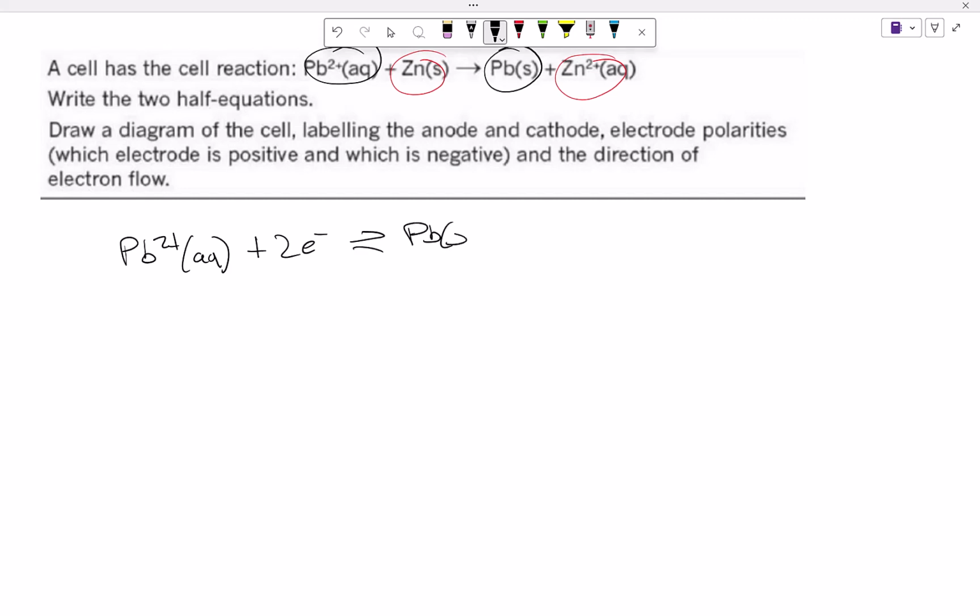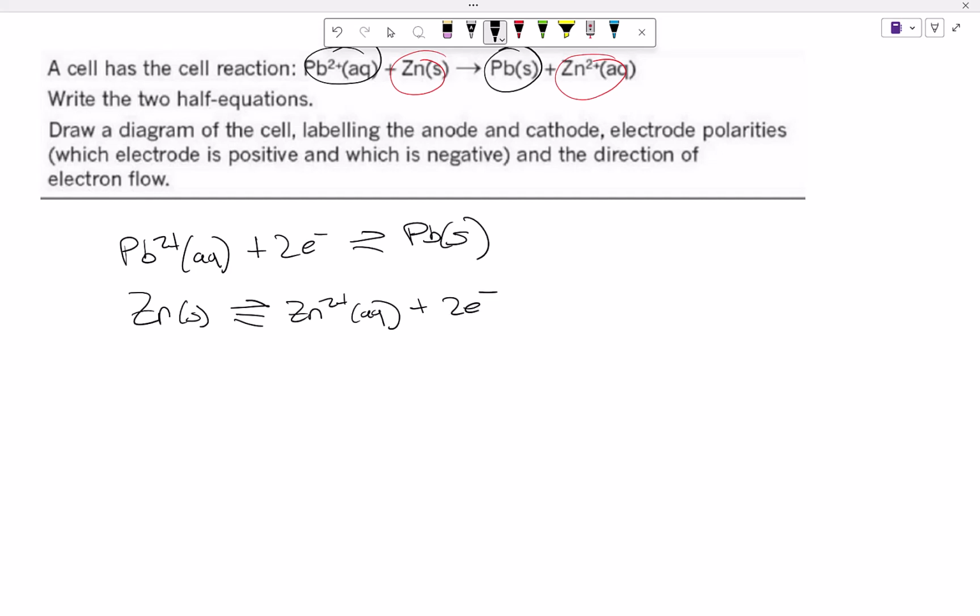And then for the zinc, you're going to write zinc as a solid, and that's going to give you zinc 2 plus aqueous plus 2 electrons.